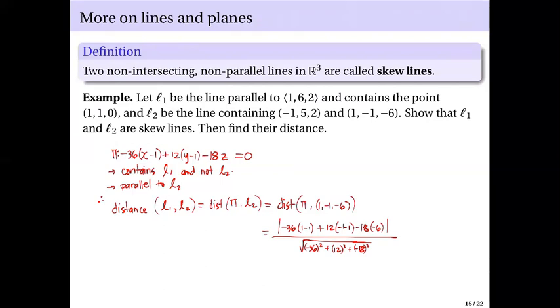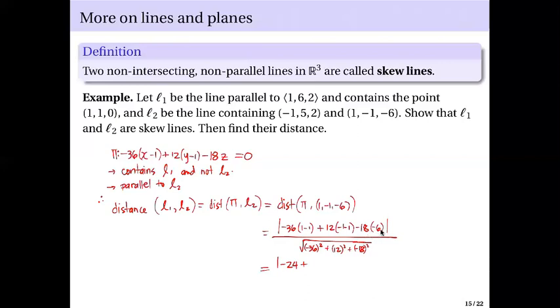Yes, question? In the first term, where it's negative 36 times 1 minus 1, it is actually 0. Yes, that's good. So this guy here is 0. This guy here, you have 12 times negative 2. Okay, so absolute value, 12 times negative 2, that's negative 24. Then here minus, but there's negative here, so you just do the addition.